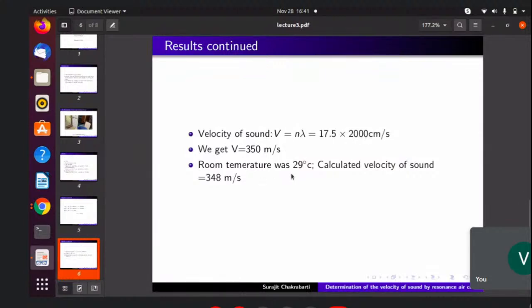Room temperature on that day was about 29 degrees Celsius, and you know how to calculate the velocity of sound at a given temperature, knowing the velocity of sound at 0 degrees Celsius, and the formula that is available in every book.